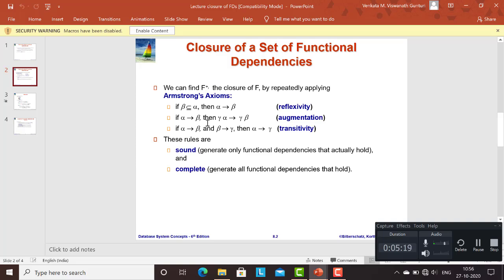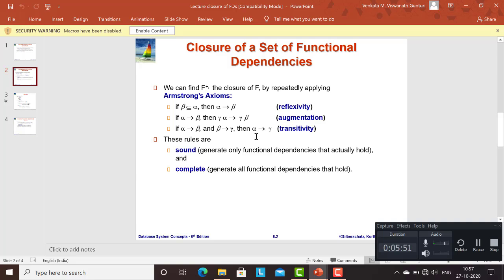But I think this is important. That's why I'm talking about this, right? So you should know this concept of Armstrong axioms. There are three simple axioms, as I covered before. Reflexivity: for any given sets alpha and beta, if beta is a subset of alpha, then alpha implies beta. Then augmentation: if alpha implies beta, then I can augment a set of attributes gamma on both sides, and that will still hold.